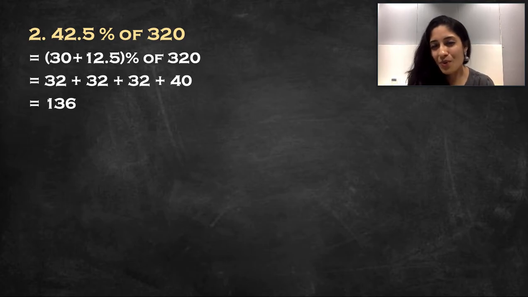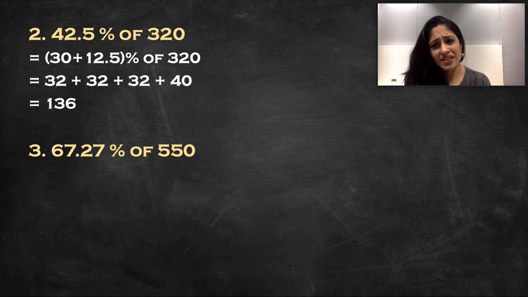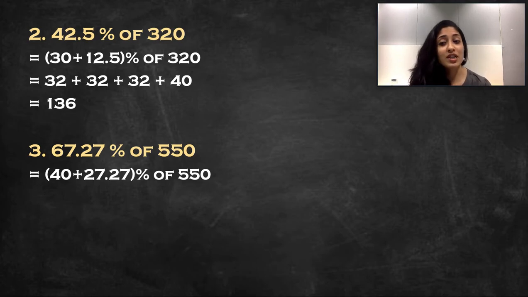Let's look at one more example. 67.27% of 550. Now this looks like a complex calculation. When I do 67.27 upon 100 into 550, it is going to take time. So let's look at a shorter way. If I divide 67.27 into two parts, which is 40 and 27.27.